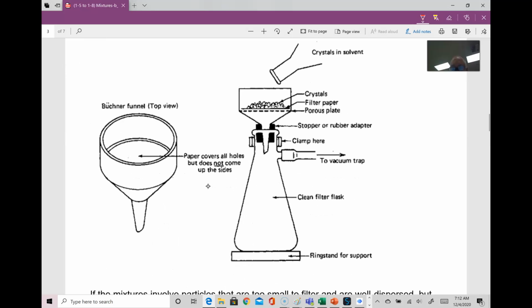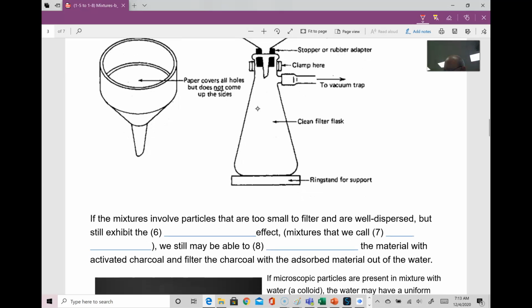And here's an example of doing that. We've got a funnel here, and we've got a filter in the funnel, and we're going to do something called gravity filtration. We're going to create a vacuum inside the Erlenmeyer flask, and that's going to pull the filtrate, or the part of the solution, through the filter, and will allow us to collect the stuff that's suspended in there.